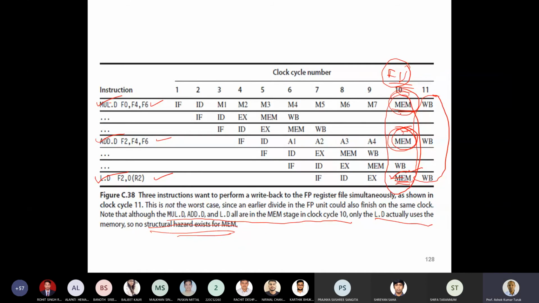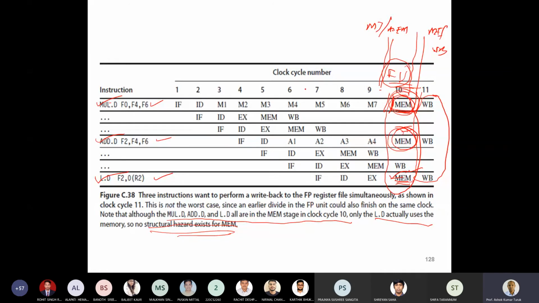So you can push it to the memory stage, where you are not doing any operation. For multiplier instructions, no operation is done on the memory. There is a pipeline register between M7 and memory, and another pipeline register between memory and write back.